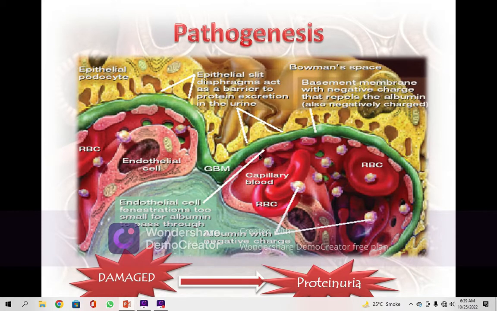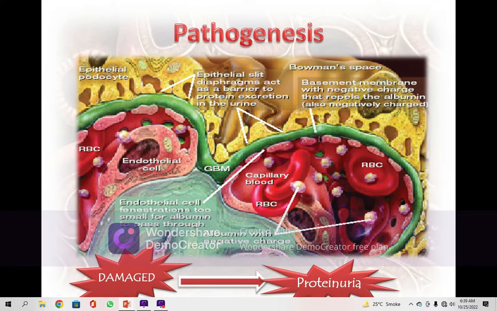And this is the structure of the nephron, which is seen here, and damage will cause proteinuria. You see the endothelial cell fenestrations are too small for the albumin to pass through unless they become enlarged, and then it will come out into the proximal convoluted tubule. Around it the Bowman's space is there, and there is the basement membrane with a negative charge that repels the albumin, which is also negatively charged.